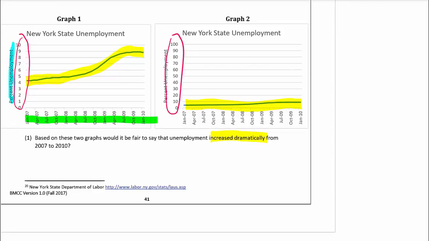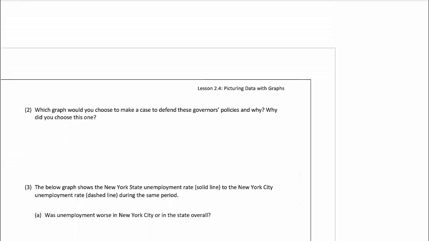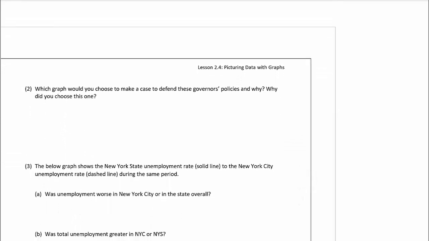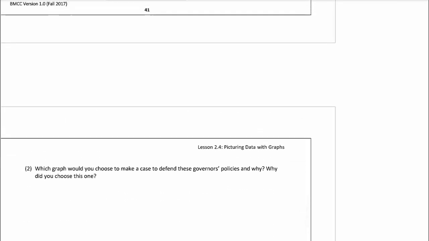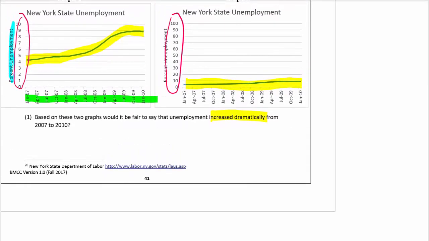All right, so which one shows us the unemployment information better, graph number 1 or graph number 2? Select your answer. Yes, graph number 1 depicts the information much better because we can clearly see what's going on.